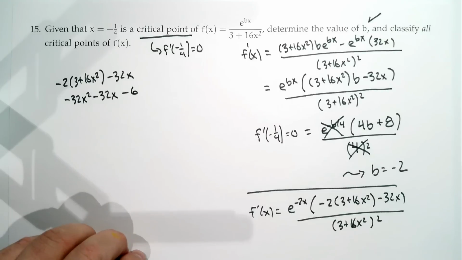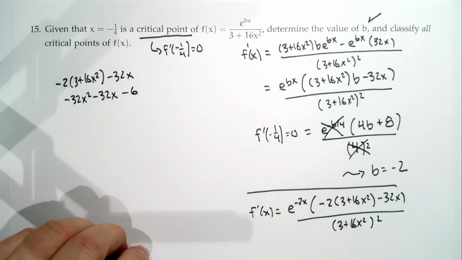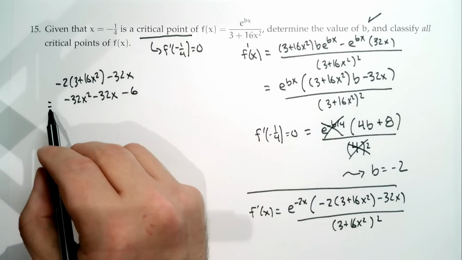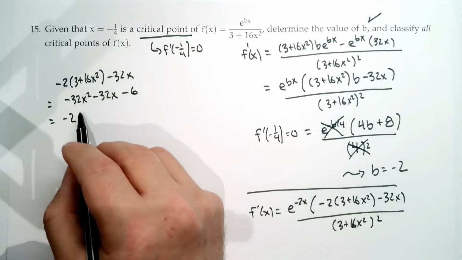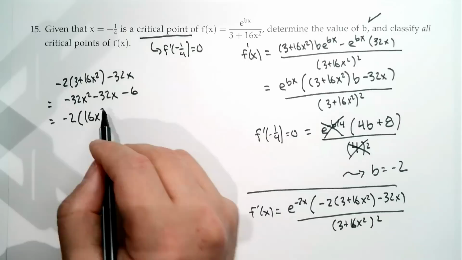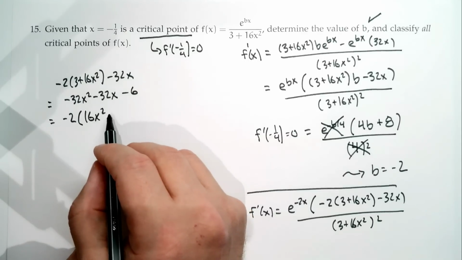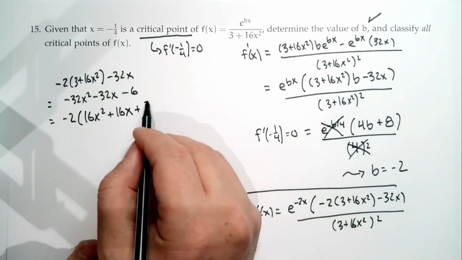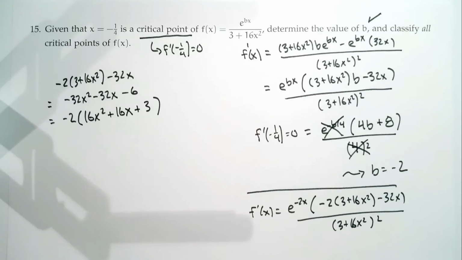Oh, it's very minusy here. Well, these things happen. Let's go ahead and pull out a minus 2. So we get 16x squared plus 16x plus 3. Yes? I think that's it. That looks right to me.